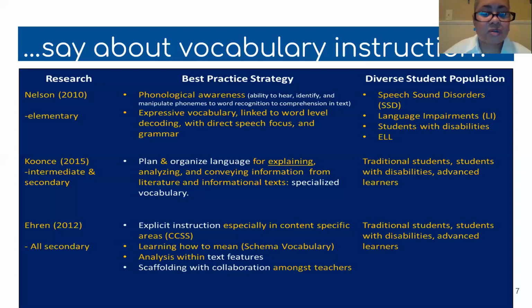Again, continued phonological awareness, expressive vocabulary, multi-meaning words, but also infused with grammatical syntax of how words are being used in text and then setting the stage for providing strategies for explanation for students to be able to give back to you in the way that they've understood the word.